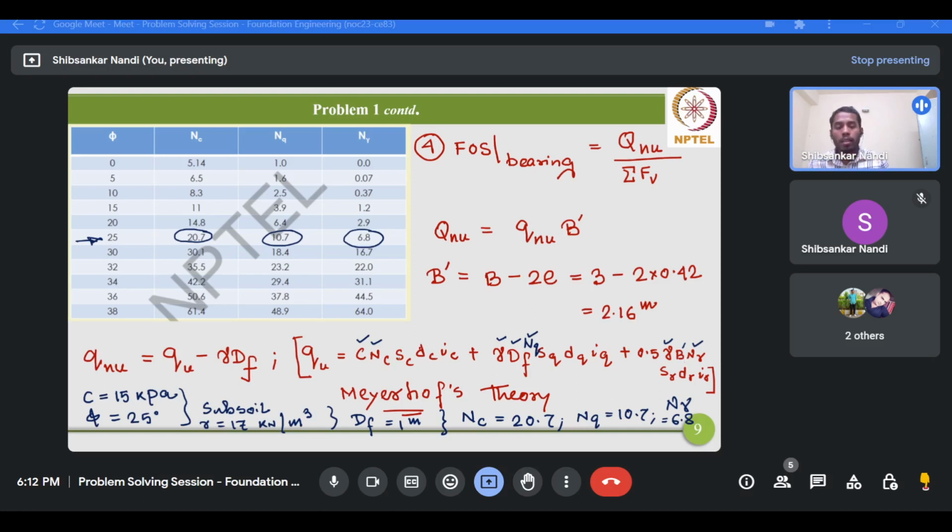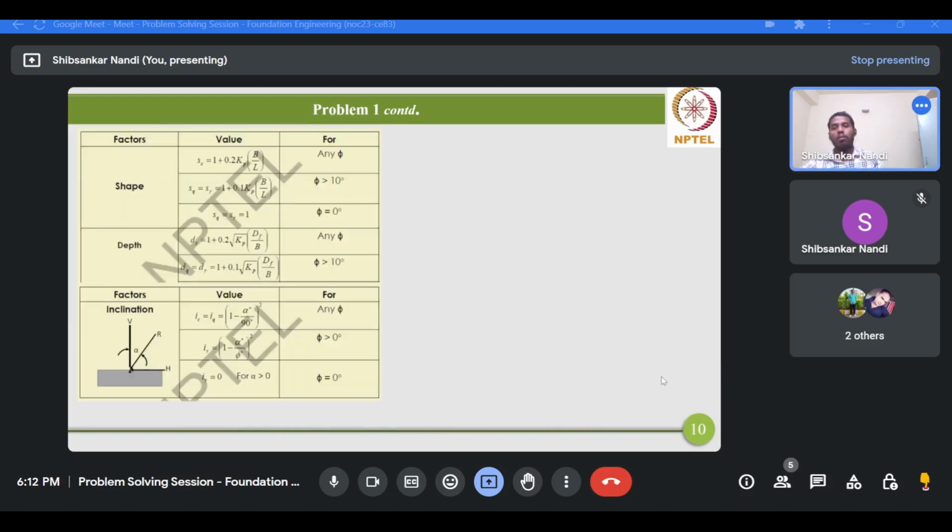Now we will determine the shape factors Sc, Sq and S gamma. For that we will take the help of this table. What is the value of Sc? Sc is 1 plus 0.2 Kp B by L. Now what is Kp? Kp is nothing but tan square of 45 degree plus phi by 2.